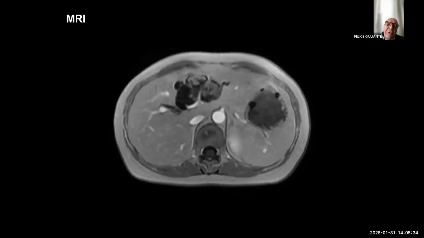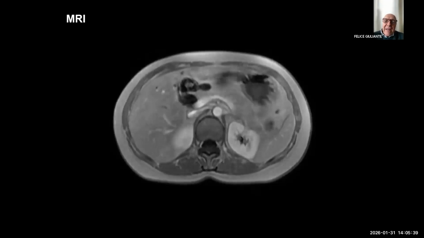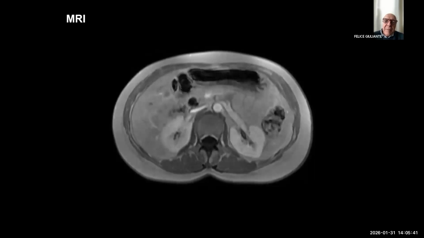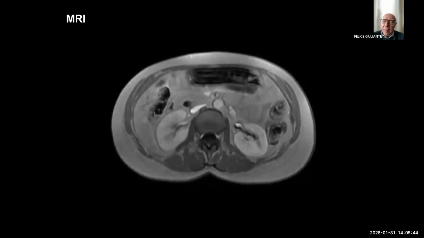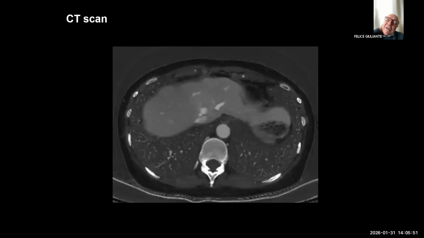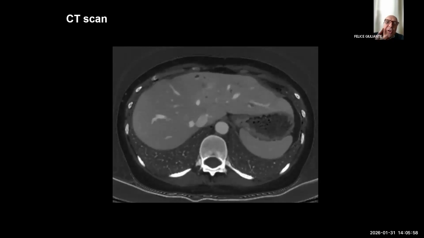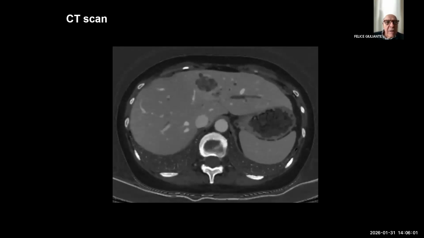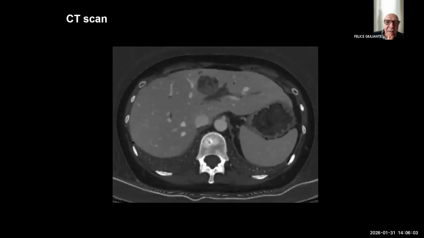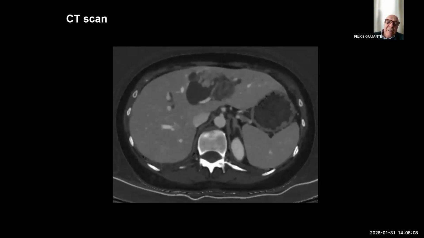For example, in one of the first discussions with our hepatologist, we considered performing a biopsy. I don't think that we need a biopsy. I don't know, what do you think about it? The other question we discussed with our radiologist is the interpretation of the dilatation of the common bile duct, which in our opinion is a congenital dilatation of the common bile duct and of the left biliary ducts.